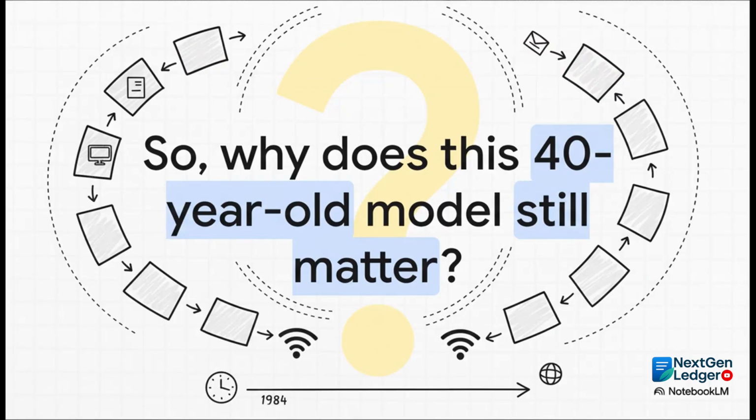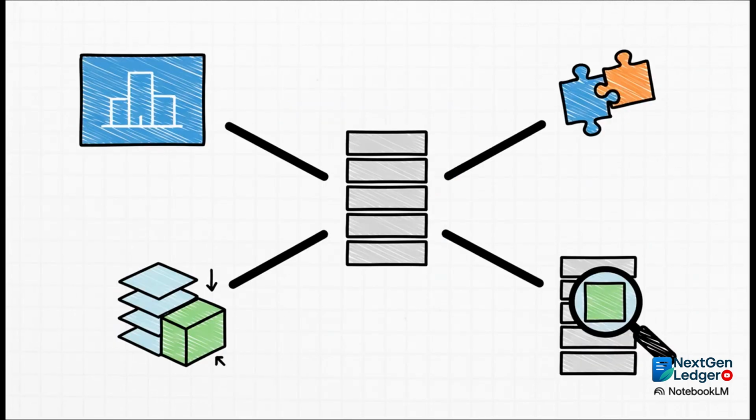So after all that, you might be thinking, okay, that's a neat system, but why does this model, which is decades old, still matter so much today? Well, it matters because it's the ultimate blueprint. It creates a universal language so different companies can build hardware and software that just works together. It makes troubleshooting 1,000 times easier for engineers. Is the internet down? Is the cable plugged in? Yes.